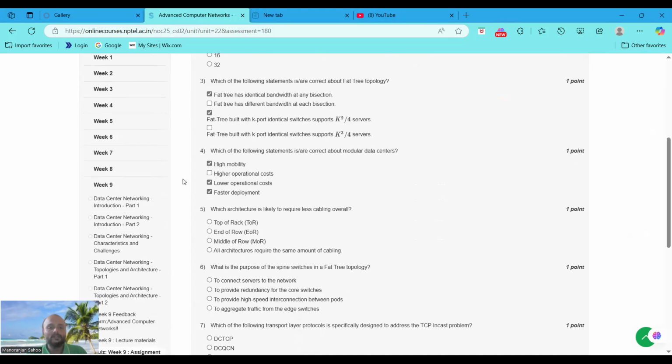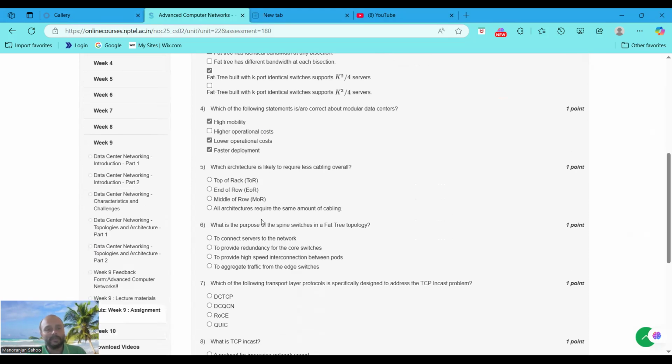Now moving to question number 5. Which architecture is likely to require less cabling overall? Less cabling overall is top of rack, that is TOR. Why do we choose the option TOR?